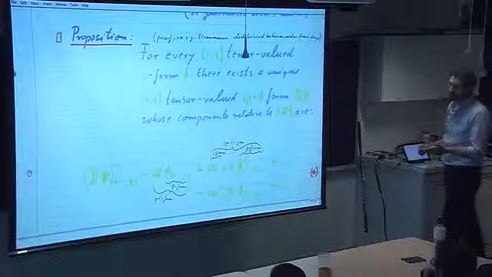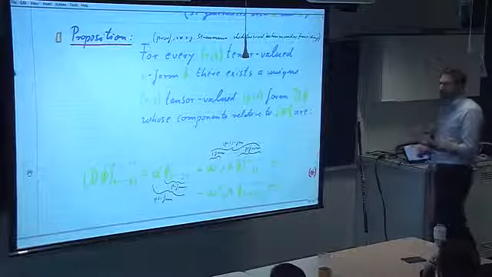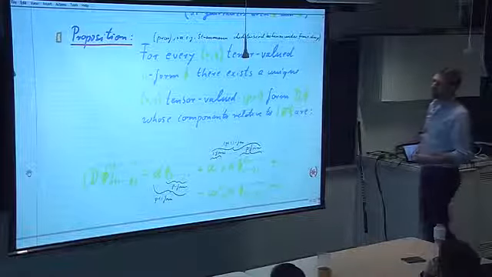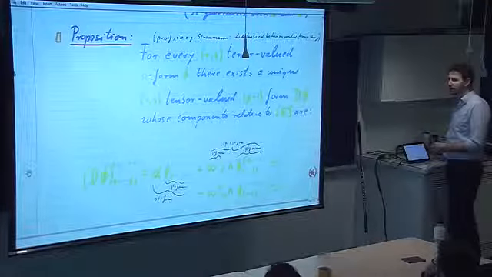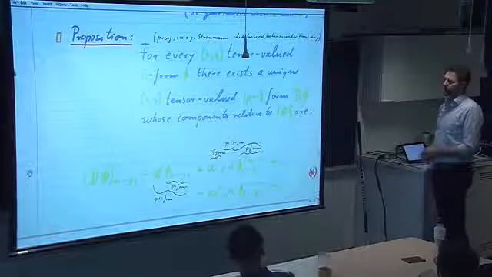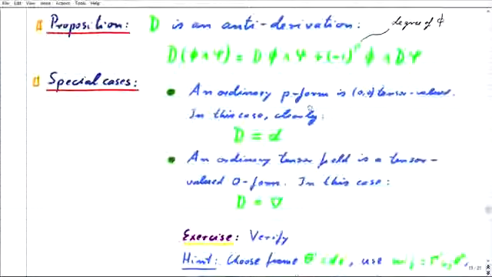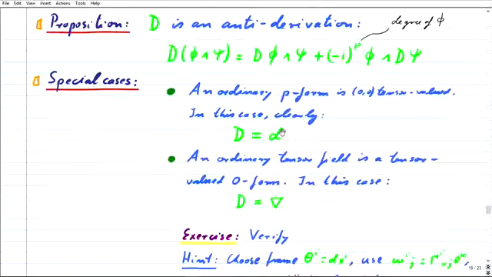Since the torsion and the curvature tensor are tensor value differential two forms, it is convenient to introduce that notation here. It turns out that D is an anti-derivation. You see, as always for differential forms, there is or is not a minus sign depending on the degree of the differential form.